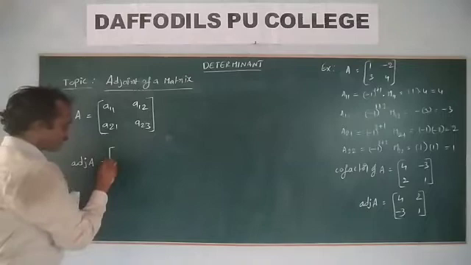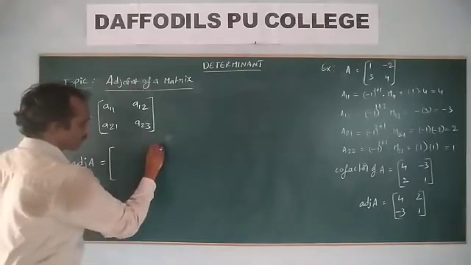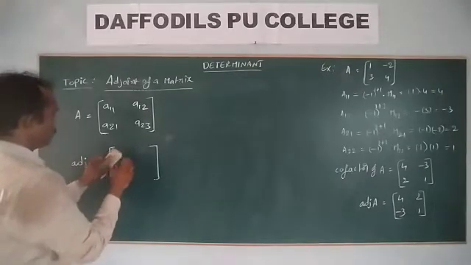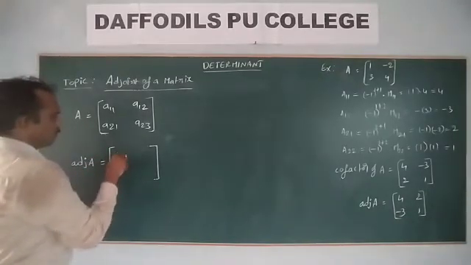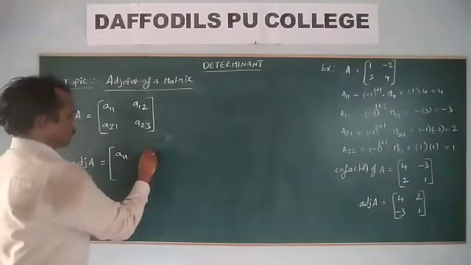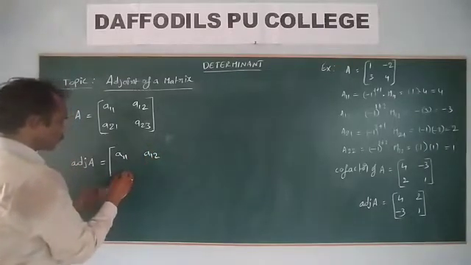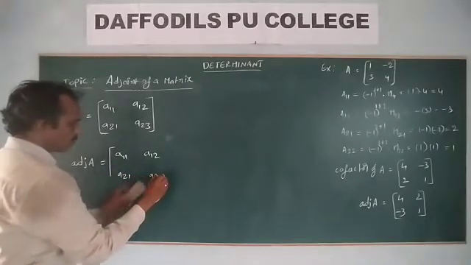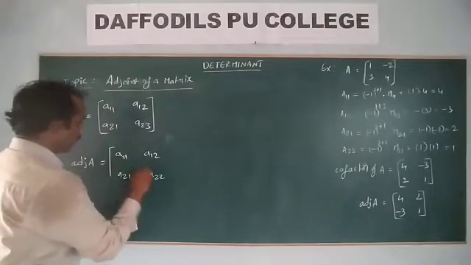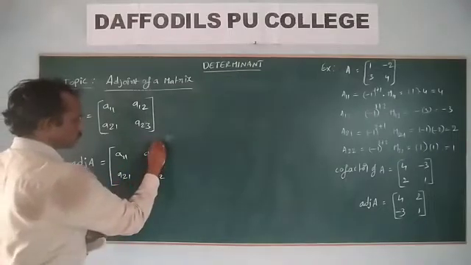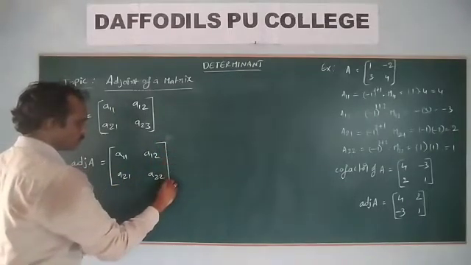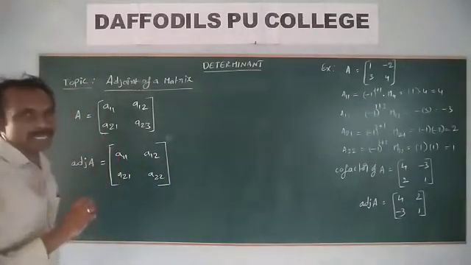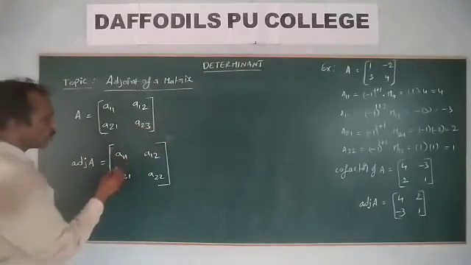Adjoint A is A11, A12, A21, A22. So this is a 2 by 2 matrix. Directly, without any cofactors, what is it?